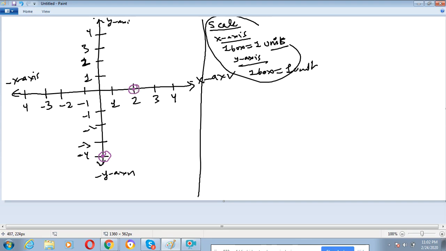So I got this point. Just join these both, so you got the graph. This is the super shortcut. Put x as 0, put y as 0, and you even get the answers of part B also. Answer of part B: x-intercept is 2, y-intercept is -4.